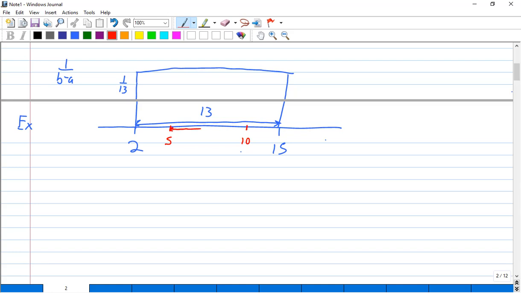But how many units are between 5 and 10? 5, right? 10 minus 5 is 5. So if I want to know the probability, it's simply going to be part over total. The part that I'm looking at, the distance between 5 and 10 minutes, over the total amount of time that I'm looking at, between 2 and 15 minutes.